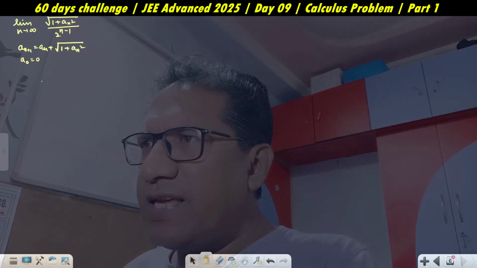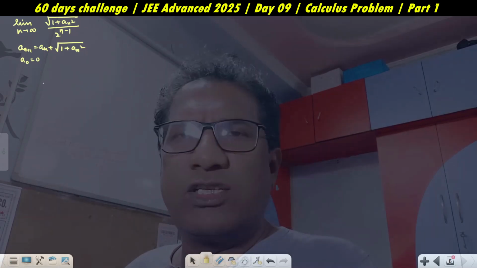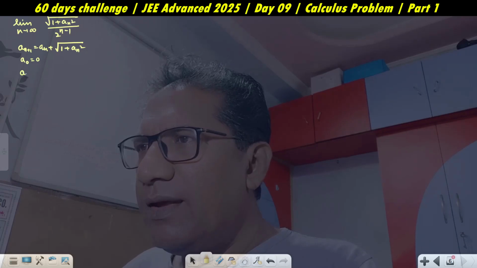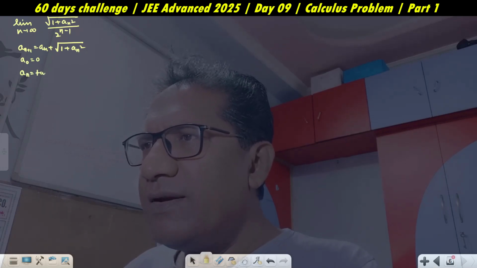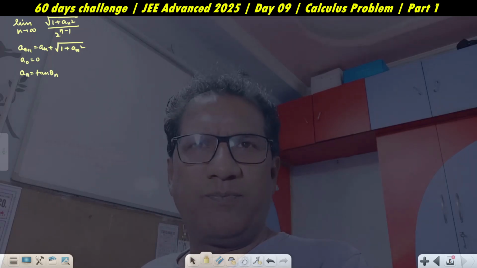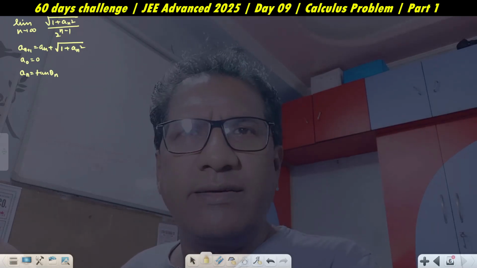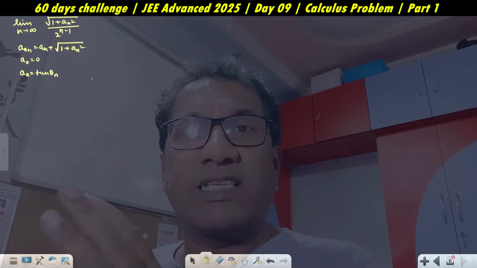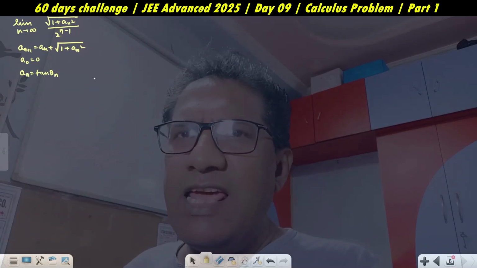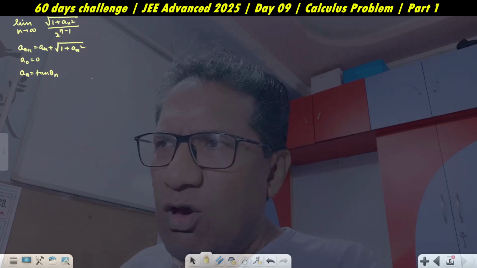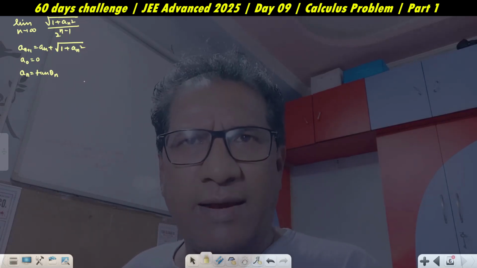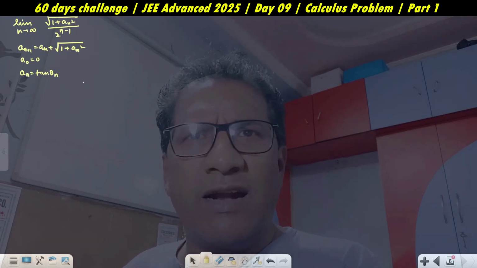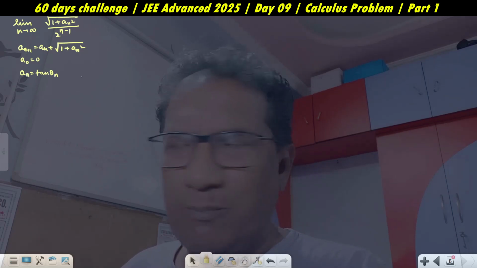So to handle the numerator, which is under root 1 plus a(n) squared, I am going to assume that a(n) is tan theta n. Why have I chosen tan theta n? Because 1 plus tan squared theta n gives us sec squared theta n, so automatically your root sign will go off. You can ask me one question at this stage, sir: if I take a(n) as cot theta n, will I get my answer? Absolutely, you will get your answer. There is no doubt about it.